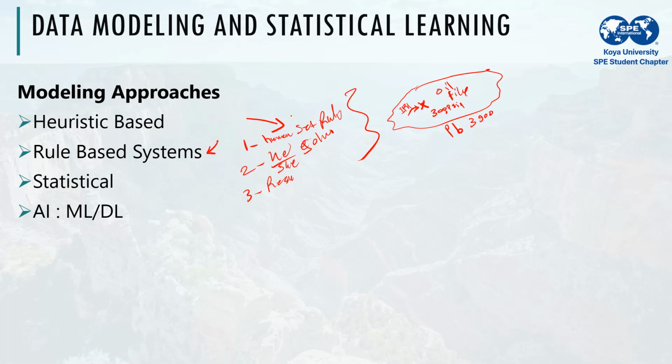What you will do, number one, you will set the rule. So the rule is if reservoir pressure is greater than P bubble, I am going to use the PI equation, which is Q over delta P. Now, there is another rule.